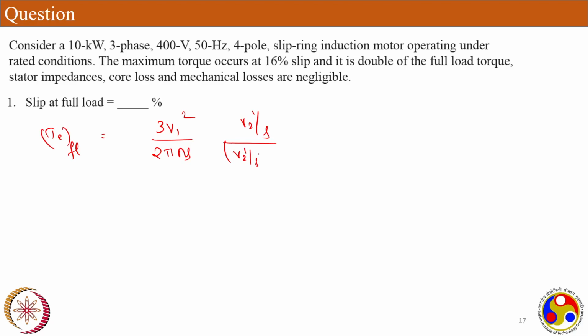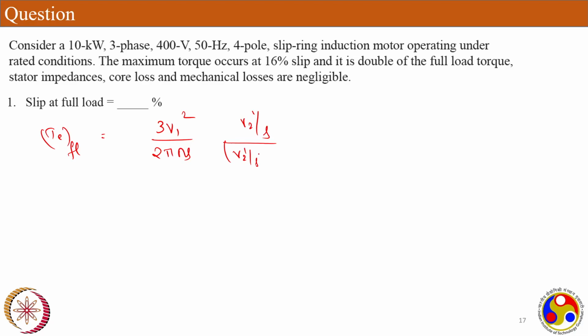So let's send this to this side, 1 by 4, and R2 dash multiplied by X2 dash divided by S. If I replace this R2 dash with alpha times X2, we will have alpha times X2 dash square divided by S. The reason I am doing this is I am bringing everything into the X2 dash term so that I can get the equation into one unknown, because the rest I can calculate and I can get this X2 dash to cancel somehow, and let's see what we will get.